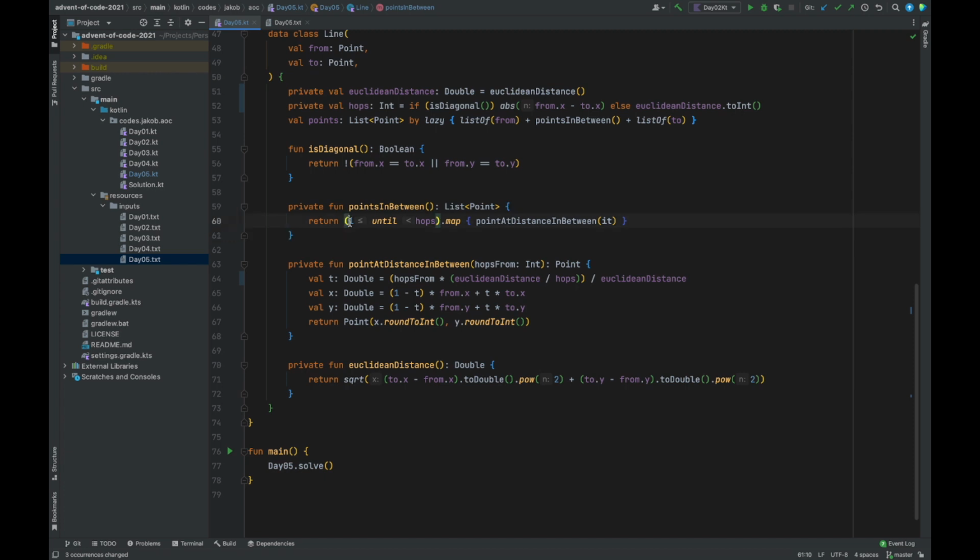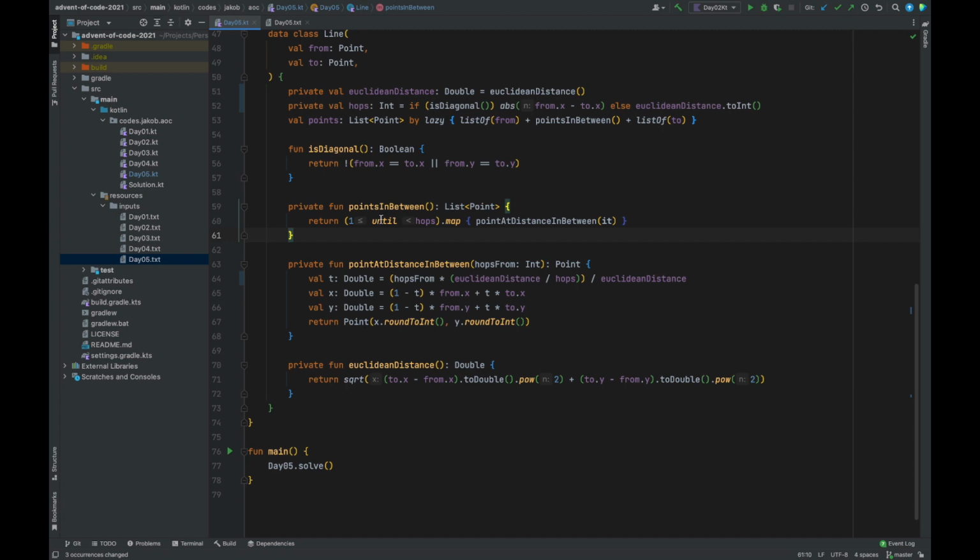I figured I can iterate from 1, passing in the hops that I want to go. I'm going from 1, because of course the from point itself is already there. So we want to start a distance of 1 hop away from our from point until the hops. Of course we also do not want to include the to point, so that's why I use until.